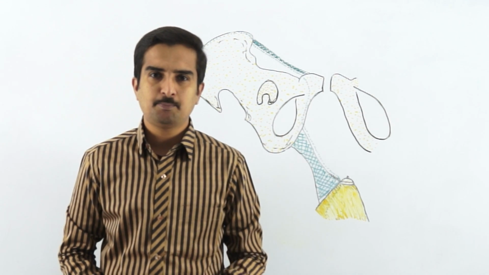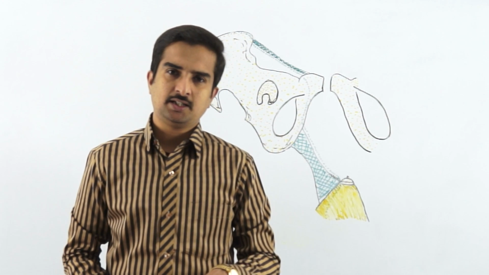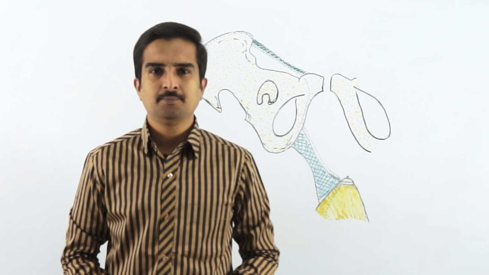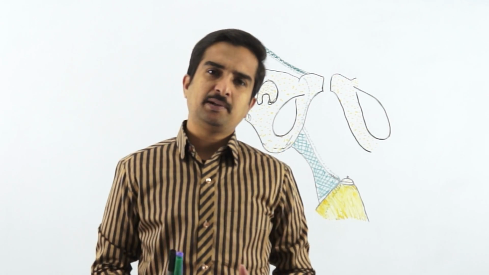So here I want to say that fascia lata is called the deep fascia of the thigh. Now we are discussing the front of the thigh, so here I will explain the extensions of the fascia lata in this region.